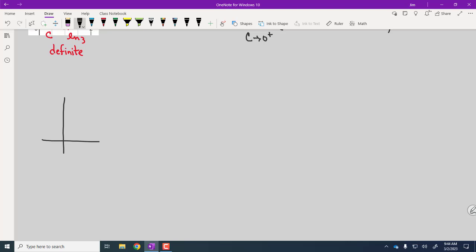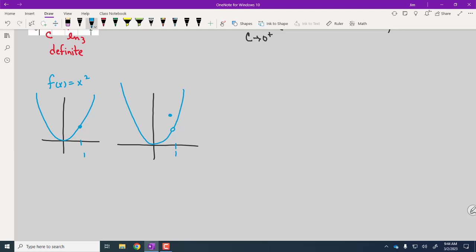Let me make sure you're understanding what I'm saying. Let's compare these two situations. Suppose we have a similar function, except this one has a hole in it and we redefine it to be that. Both functions have domain the entire real line. If this happens to be at 1, this function is continuous at 1. There's no gap. Let's suppose we're dealing with x squared in both cases for the curved part.